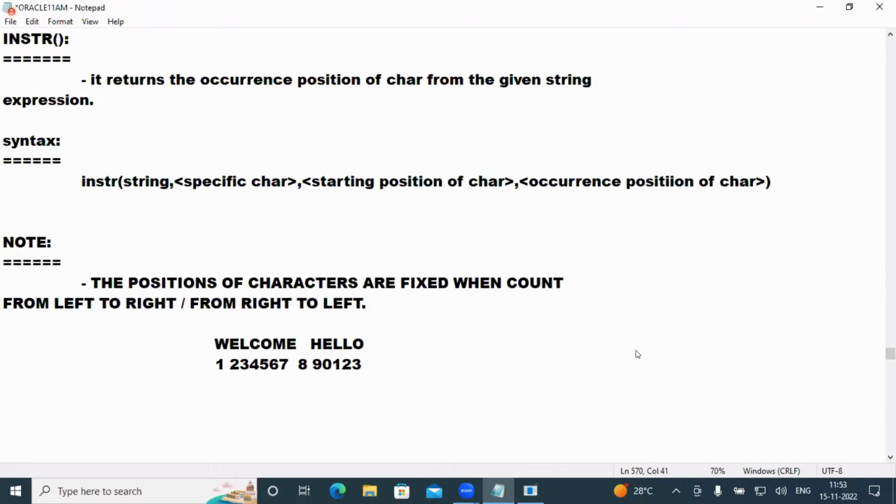These position numbers will never change.